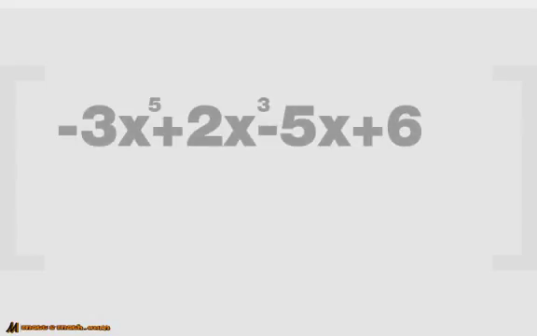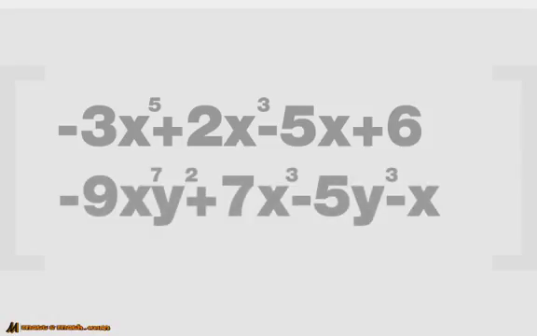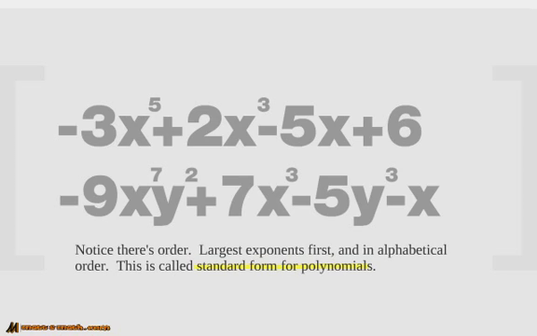All right, let's start describing and explaining certain polynomials. Well, here's one. Negative 3x to the 5th plus 2x to the 3rd minus 5x plus 6. Here's another one. Getting pretty big, huh? It's crazy how many letters there are and numbers all together in one long equation. Well, what we're going to talk about is you need to think about the order and the way we write things. Notice that the largest exponent comes first.